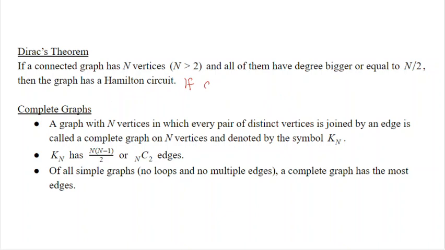But if the degree is less than n over 2, we know nothing. We might have a Hamilton circuit, we might not.